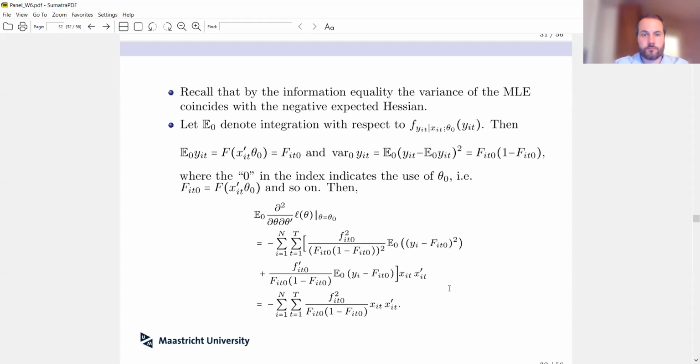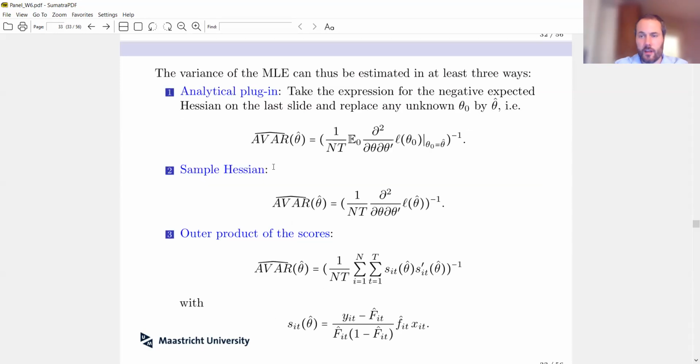So here I write what is the expected Hessian. That's this slide. I'm going to jump a little bit here because the important part is that in likelihood models, you have a couple of options to estimate the variance. For instance, you can calculate the expectation of the Hessian of the likelihood explicitly.